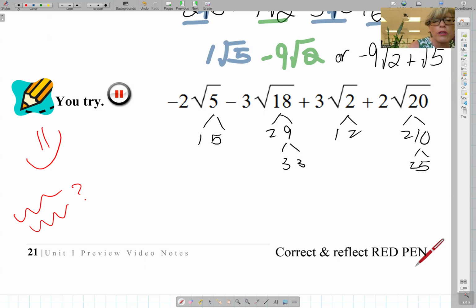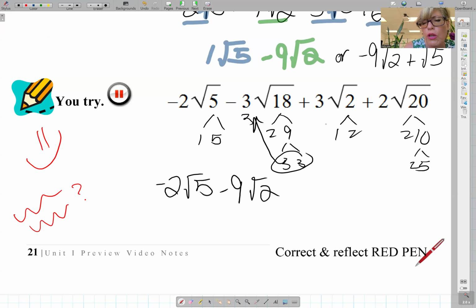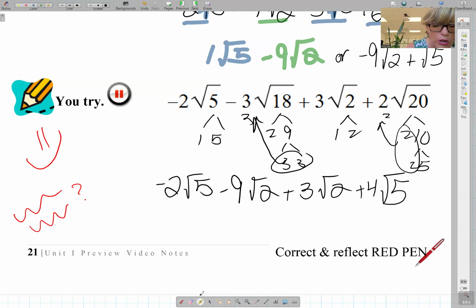All right, this first one, no date comes out, stays the same, -2 root 5. 3 came out, that's -9 root 2. Nothing comes out, plus 3 root 2. 2's come out, plus 4 root 5. You collect like kinds, root 5, root 5.